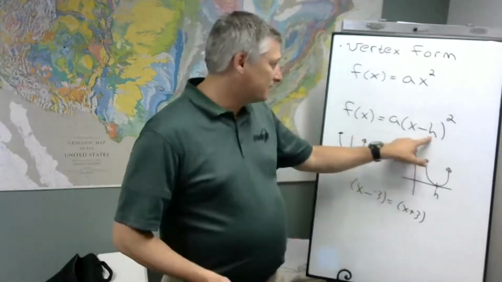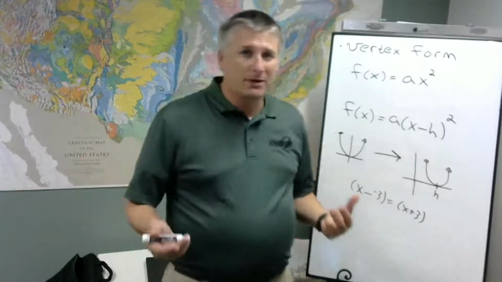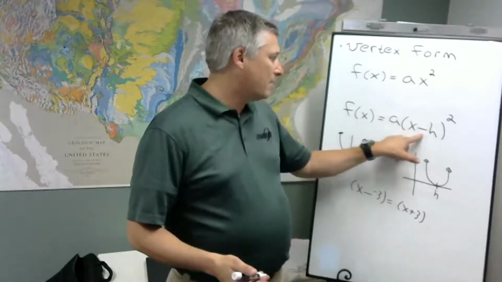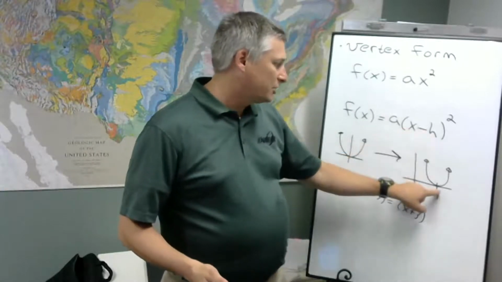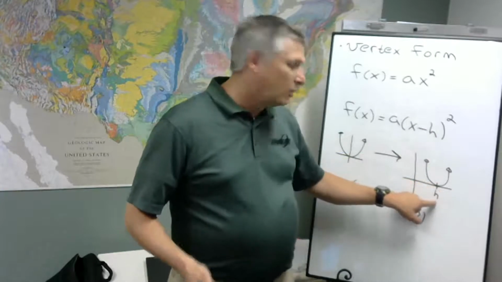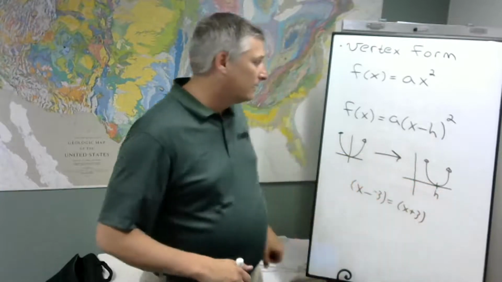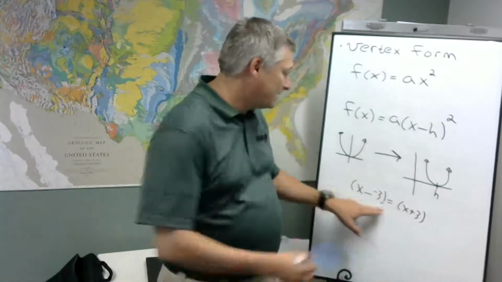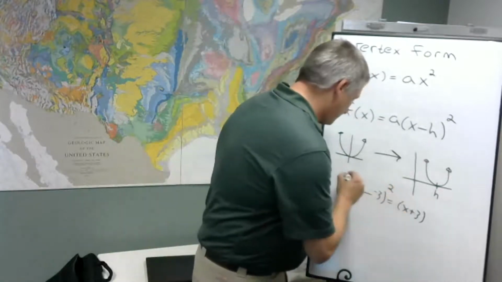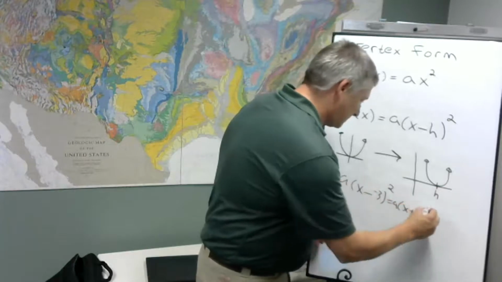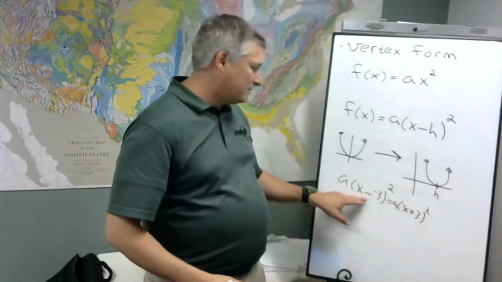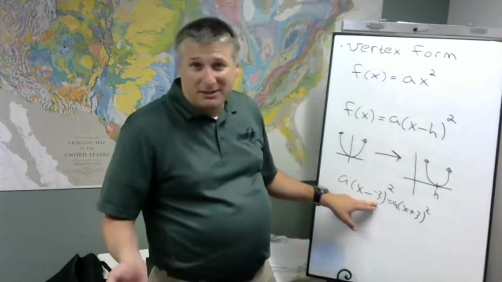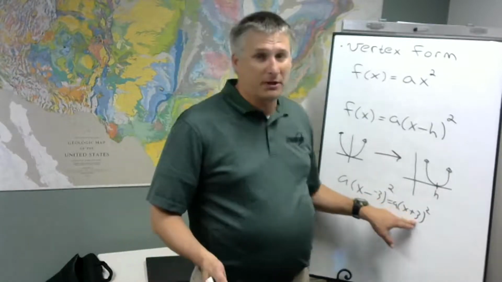If it's positive, it's just like the transformations we saw before. x minus a positive number shifts you to the right by that positive number. But maybe h is negative. And so when you simplify it down, you'll get x minus this h. Since h is negative, you get x plus 3.